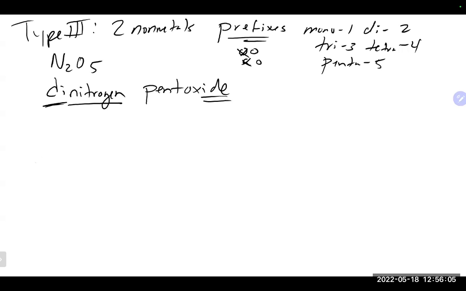So pentoxide here. And once again, whole name of the first one, prefix on the second. So this would be carbon, no prefix because there's just one, monoxide here. Question on type 3, guys.